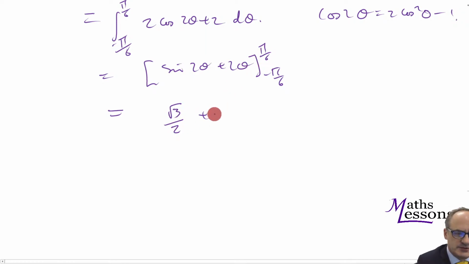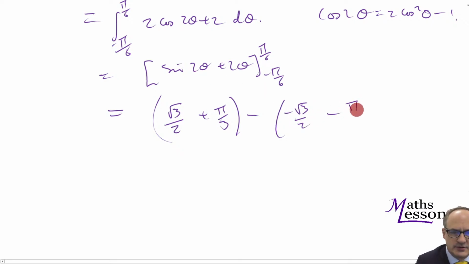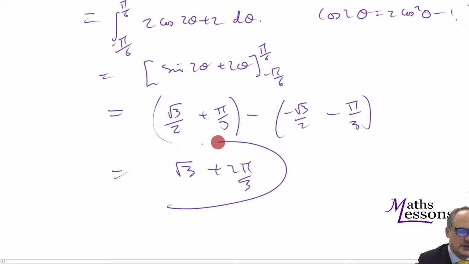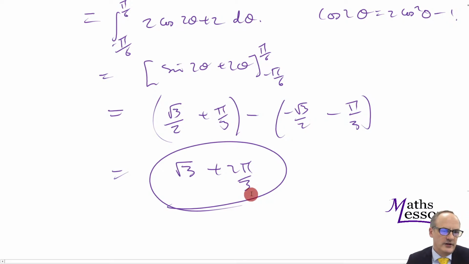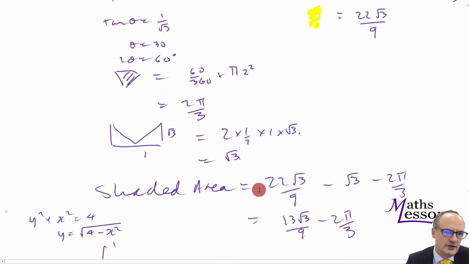Pi by 6 times by 2 is pi by 3. Put the same values into here and we get minus root 3 over 2 minus pi by 3 when I put the minus pi by 6 in. Because I'm taking away, everything effectively gets doubled, and I get root 3 plus 2 pi by 3, just like I did earlier. So it's up to you to choose which way you'd prefer doing.